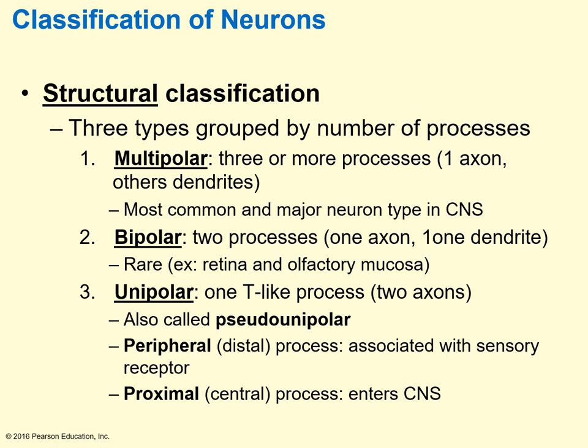Bipolar is where you have two processes: one axon and one dendrite. The most common place where you'll find a bipolar neuron is in the retina, which is in the eye. And then unipolar, you have basically two axons is what it looks like.